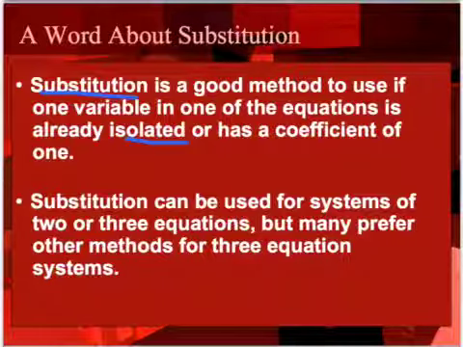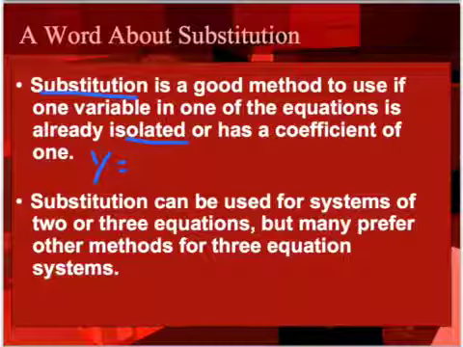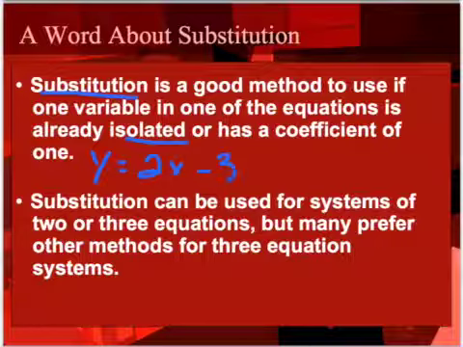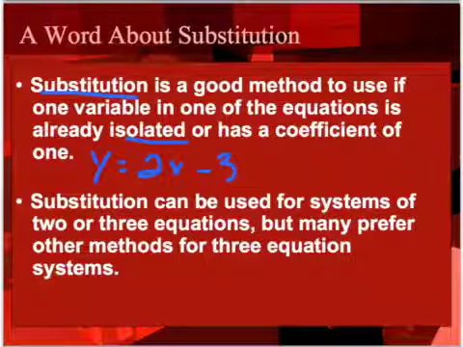So like if it said y equals and it had like 2x minus 3, the y is already by itself. So you're in great shape to substitute into the other equation for the y value, because y equals 2x minus 3. So we can sub this in right here.